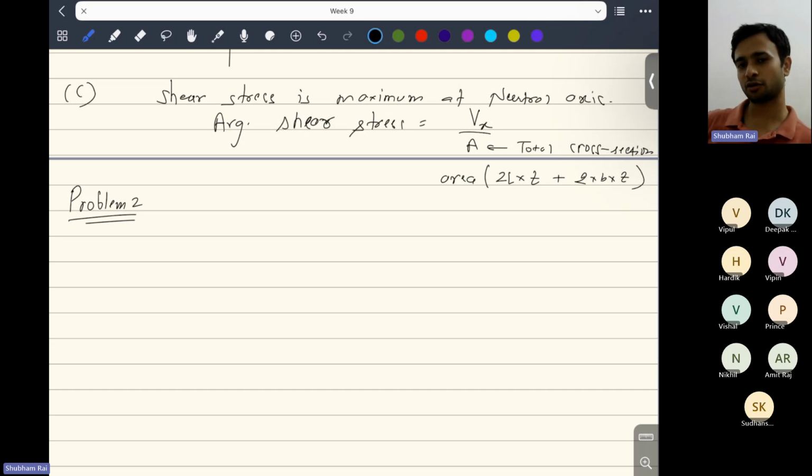Similarly, transverse shear stress will be continuous, and since transverse shear stress is continuous, the transverse shear strain will not be continuous because the transverse shear modulus of the material will be different. So you can keep these two things in mind while solving composite material problems.